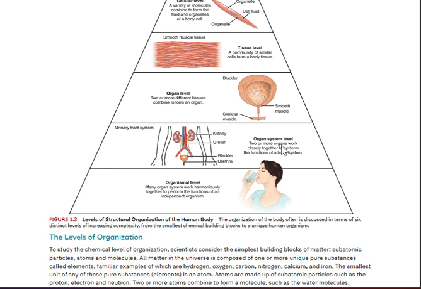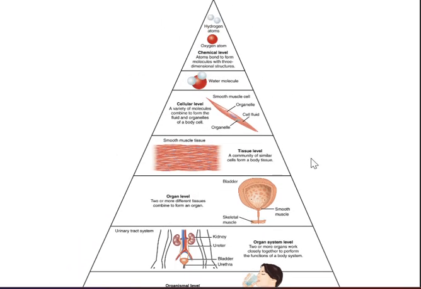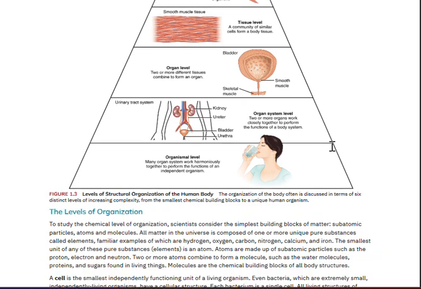Organ level: two or more different tissues combine to form an organ. Tissue level: a community of similar cells forms a body tissue. Cellular level: a variety of molecules combine to form the fluids and organelles. Then the atoms, like hydrogen atoms. So there you go.